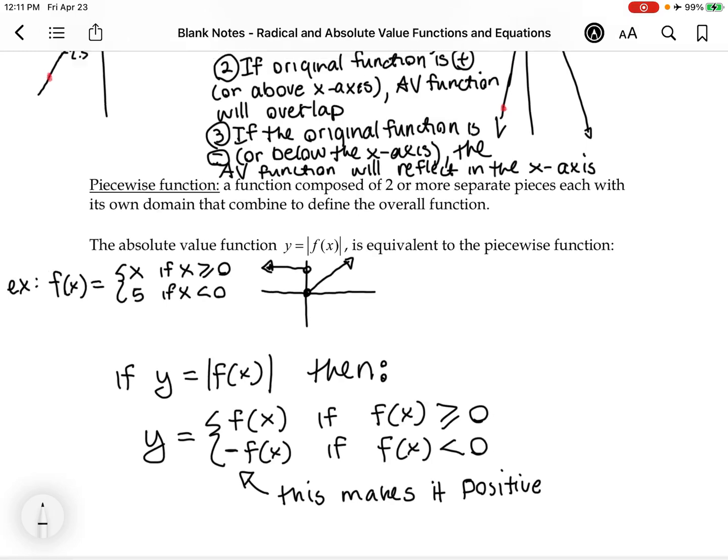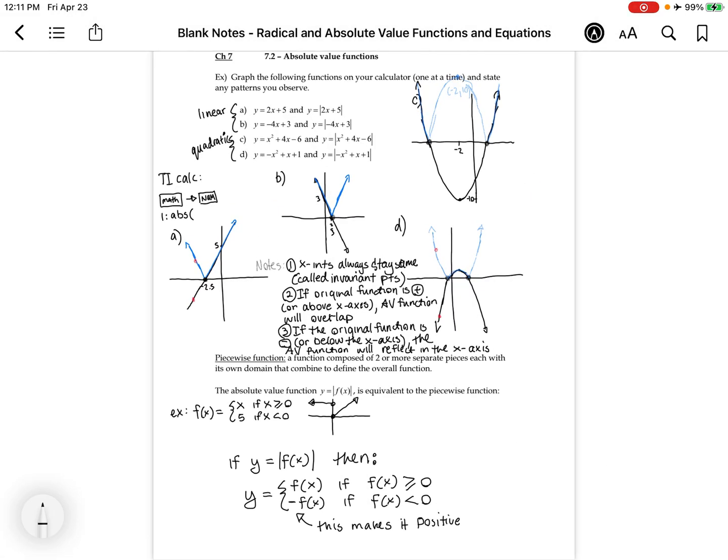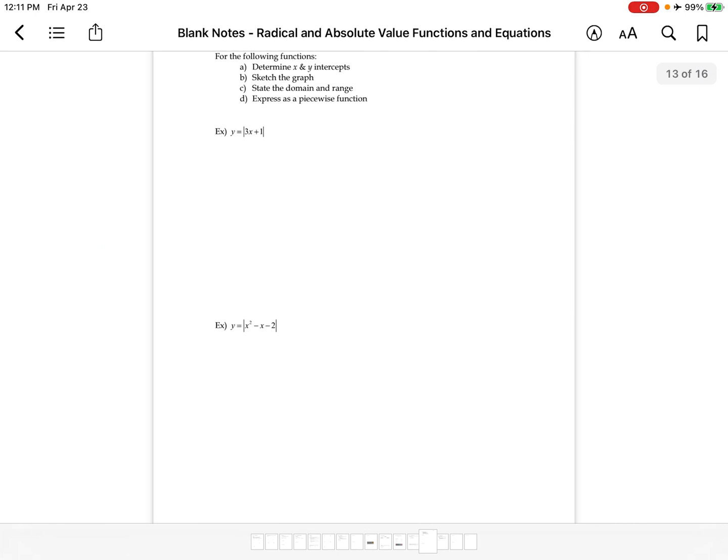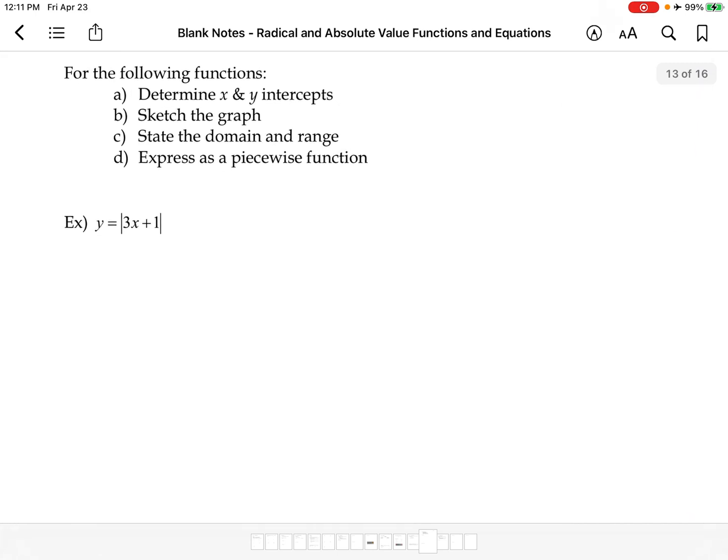All right, so let's do a couple of examples. Okay, so for the following functions, A, determine the x and y intercepts, B, sketch the graph, C, state the domain and range, and D, express as a piecewise function. So what I always recommend with these functions, when you're doing absolute value functions, is picture the original function first.